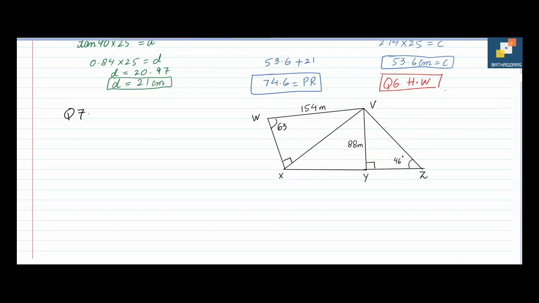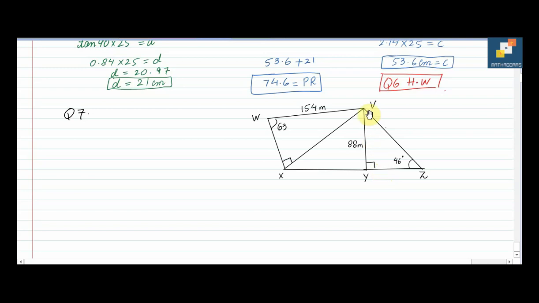Now the question says a figure VWXYZ is made up of 3 right angle triangles. You can see that 3 right angle triangles, 1, 2, 3. Given that VW is 154, VY is 88, angle VXW is equal to angle VYZ, we are talking about the angles, is equal to 90.